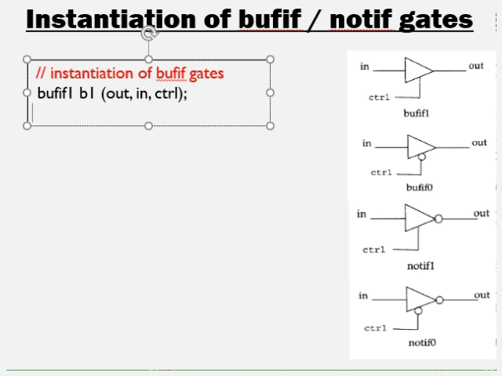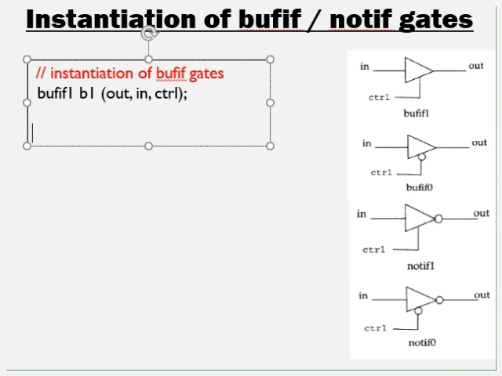Likewise, the name of the primitive gate of bufif0 is bufif0. So it is 0, not O. Let me take B0 as the instance label. Again, this is also out, in, and control.